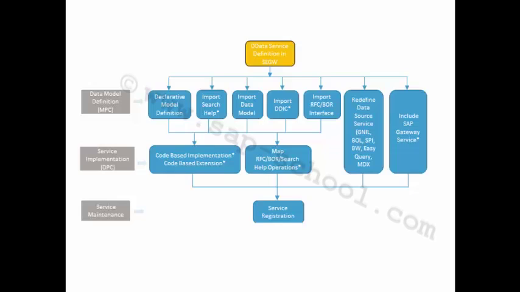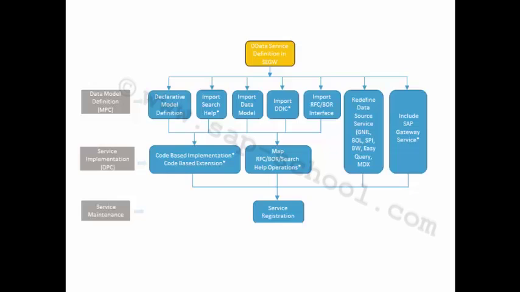For greater reuse, it will also allow us to combine one or more existing services in a new service. If we choose to include existing services, we do not need to perform the service implementation phase. So this comprises my data model definition: how we can import using different options, and what a redefine and an include service are.